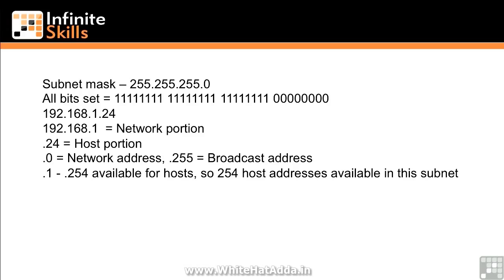So in this particular subnet with a subnet mask of 255.255.255.0, we've got 0 as the network, 255 as the broadcast. That leaves us .1 through .254 available for hosts. So we can have 254 host addresses in this particular subnet.